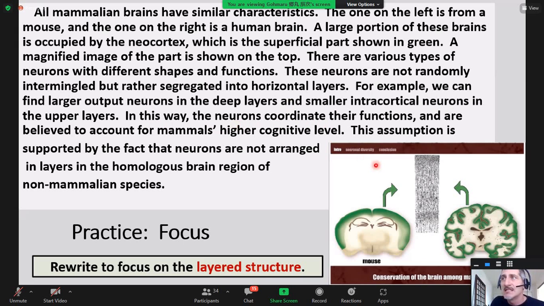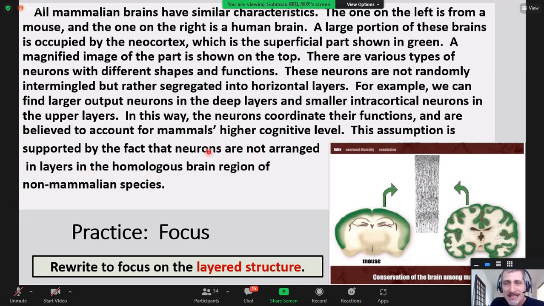Next sentence. This assumption is supported by the fact that, okay, so this first part is an introduction portion of the sentence. Then after that is another clause, a relative clause: that neurons are not arranged in layers.